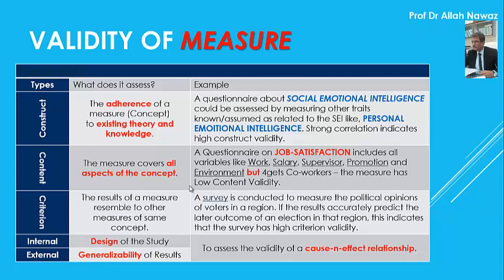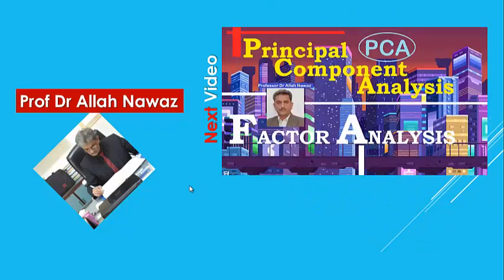So validity of measure is the second criterion which must be fulfilled by every social researcher using quantitative data as a supplementary aspect of social research. In our next video, we shall talk about principal component analysis or factor analysis to compute the validity statistics.